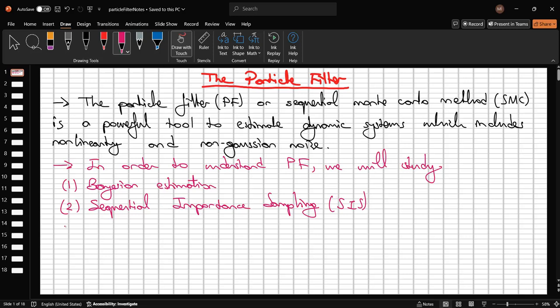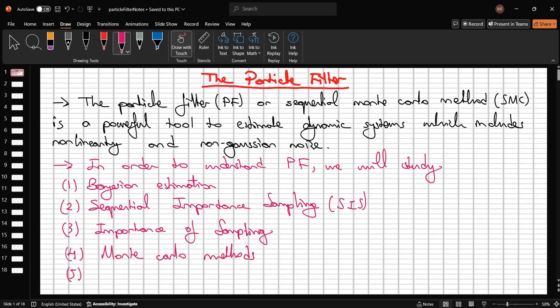Okay, and after that we need to talk about importance sampling. This is different from the two. Okay, and after that we will build the Monte Carlo method, but just Monte Carlo, not the sequential one.